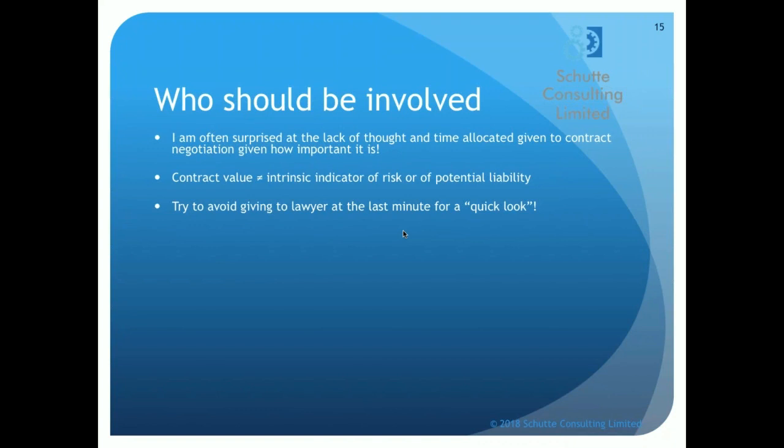At that point you don't really have very much bargaining power and very much ability to change any of the words. So try, if you can, to at least flag up to your advisors that a contract is coming in, perhaps give them a previous draft so they can start looking for any red flags that need to be raised before the 11th hour.